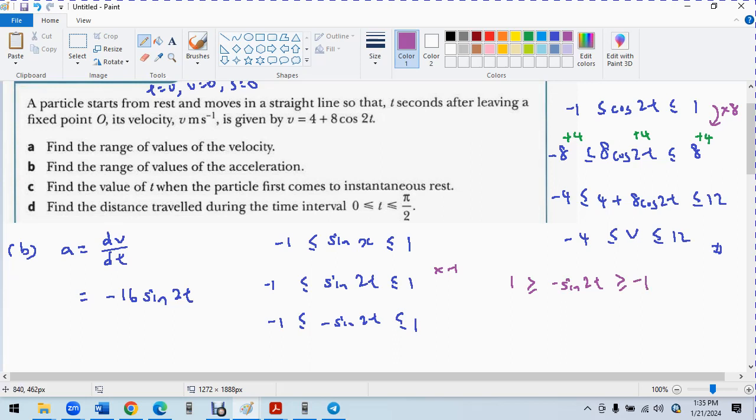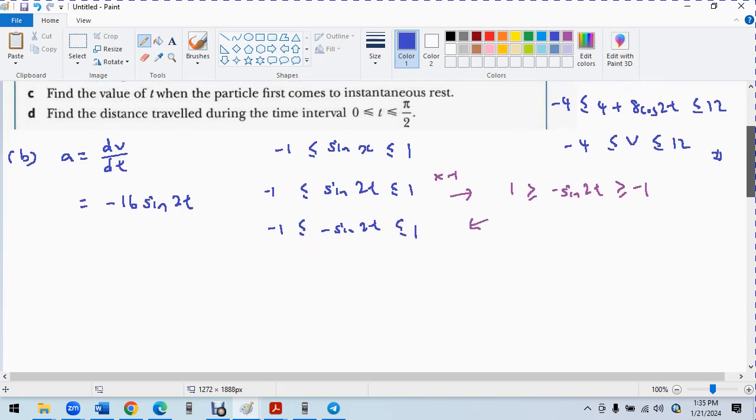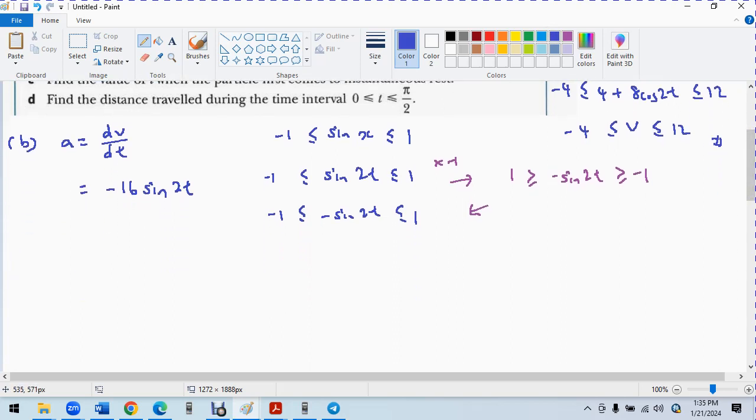So we have -16 sin 2t. It will become between -16 and 16. Therefore, a is between -16 and 16.